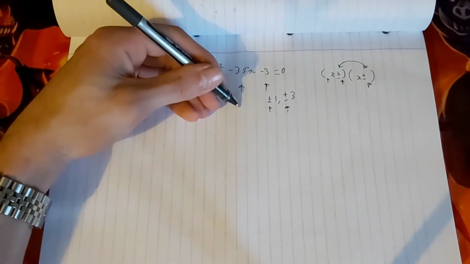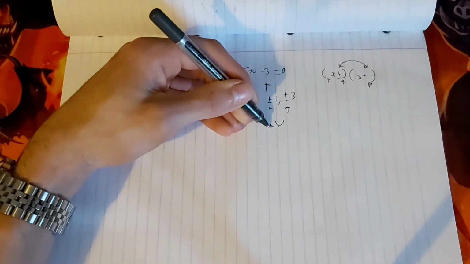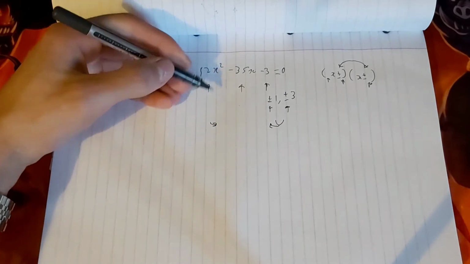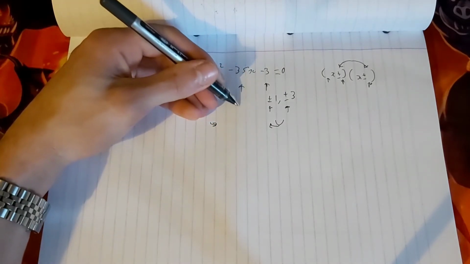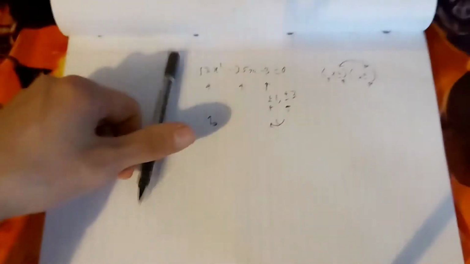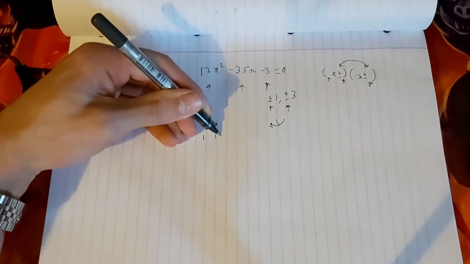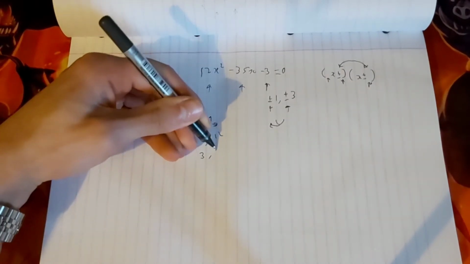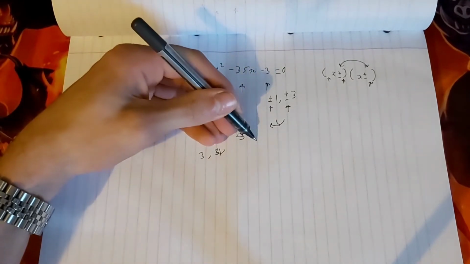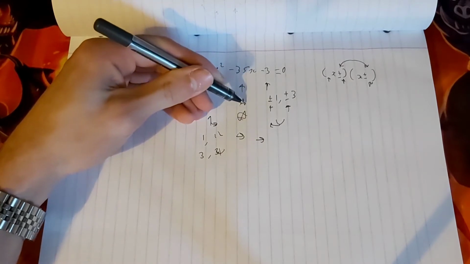Okay? And this bit here is two numbers added together, which are also those two numbers times by factors of 12 to get minus 35. So, what are the factors of positive 12? We've got 1, 12, and we've got 3, and we've got 4. So, one of those numbers times by the other one, plus, minus, eventually gets to 35.